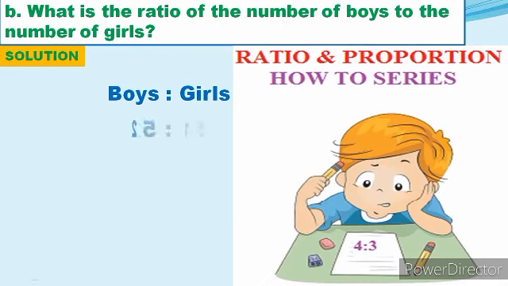So it becomes 25:15. So also the common factor here is 5. 25 divided by 5 gives us 5. 15 divided by 5 gives us 3. So we have our final answer as 5:3 as the ratio of boys to girls.